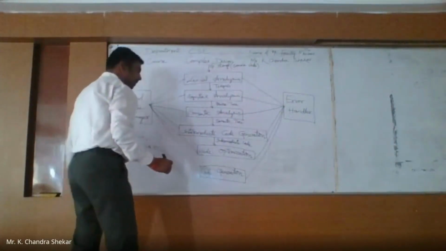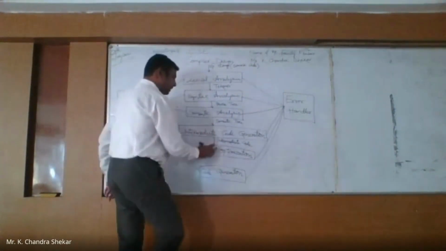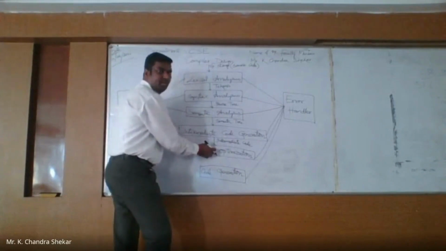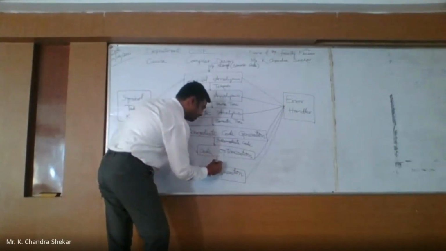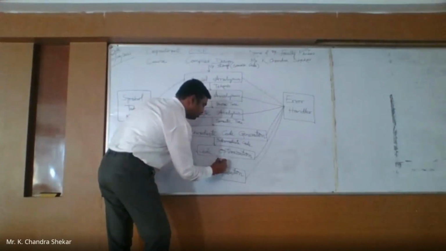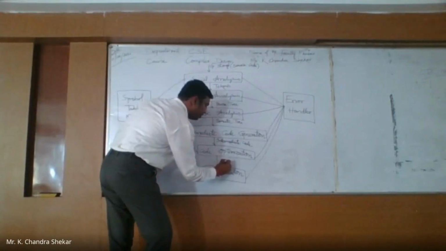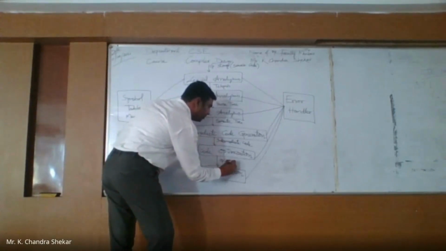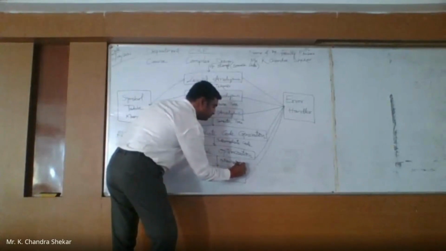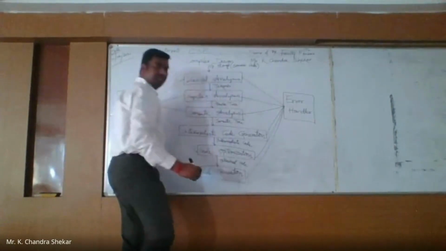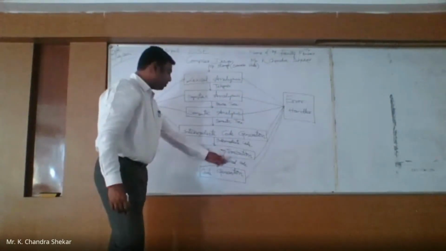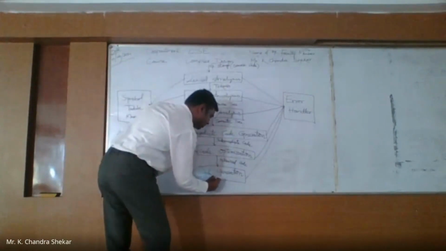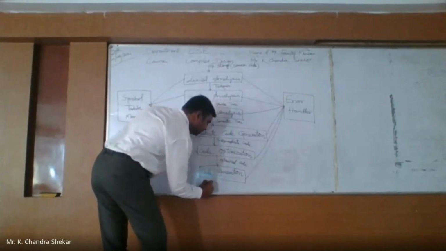Now after the intermediate code is generated, we go for optimizing the code using the code optimization phase. The outcome of code optimization will be the optimized code. Fine. And after the optimized code is passed on to the code generation phase, you get the target code.